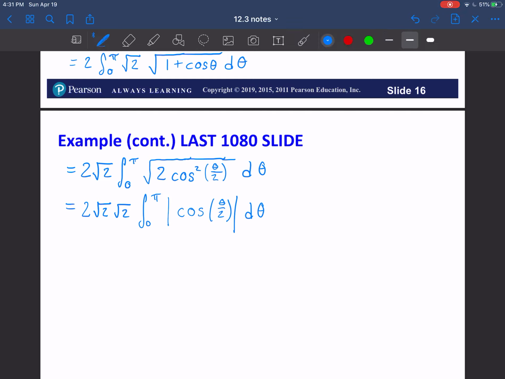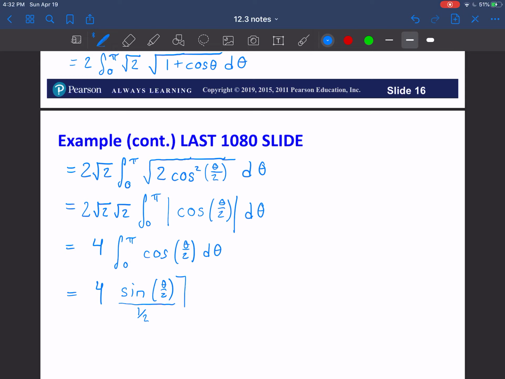And so we may write that this is equal to 4 integral 0 to pi of cosine theta over 2 d theta. Finally, we can integrate this. This is going to be 4 times sine of theta over 2, and we divide by 1/2.